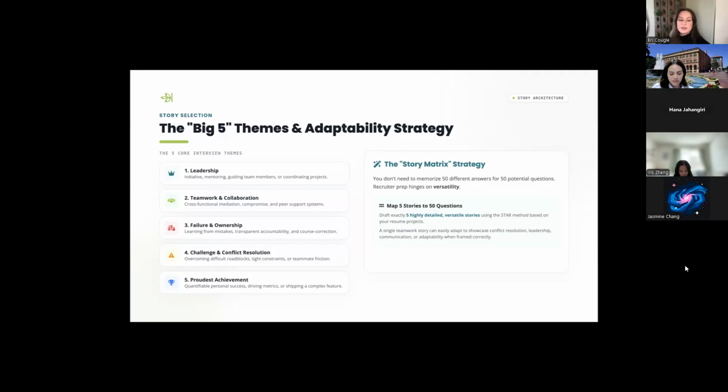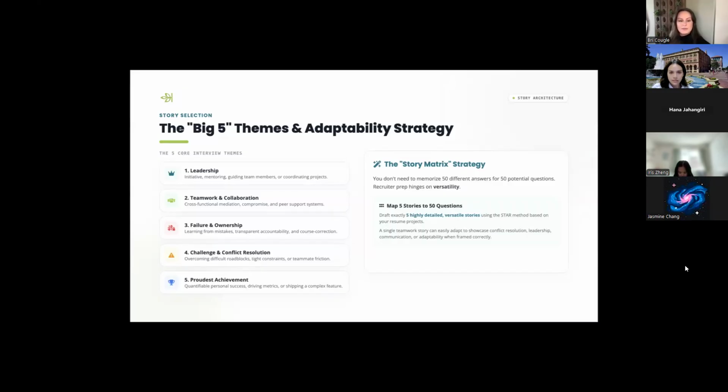We want to see if you can learn from mistakes, you're transparent and accountable, and you've course corrected. And then challenge and conflict resolution. A lot of behavioral questions focus around challenge and conflict resolution, so overcoming roadblocks, removing tight constraints, and removing team friction as well.